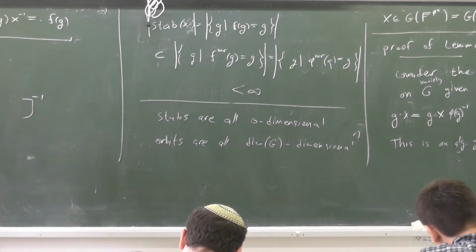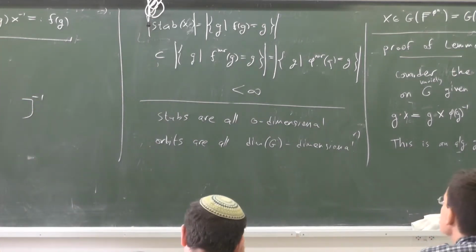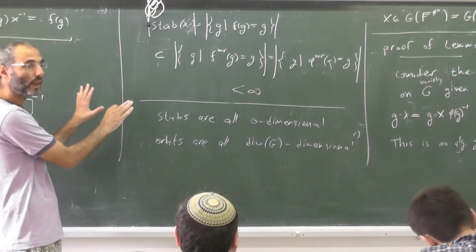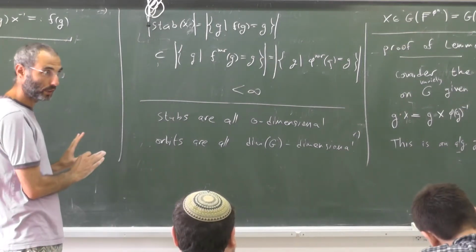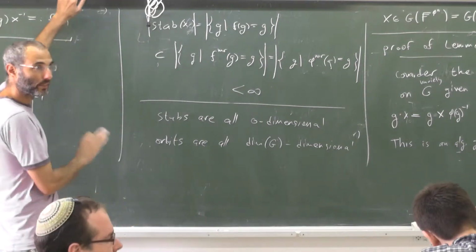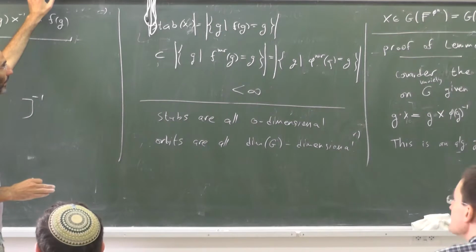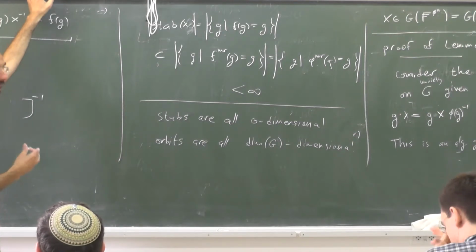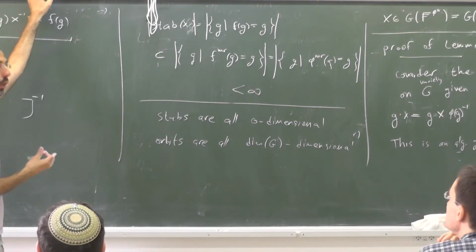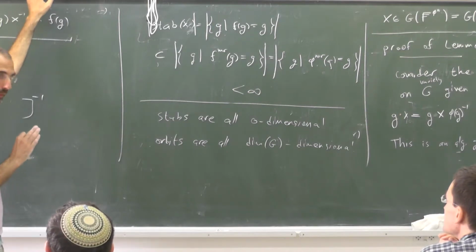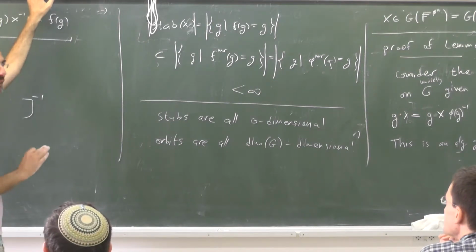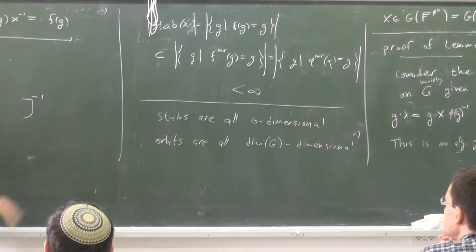Why is it zero dimensional? They are finite. I'm working now over the algebraically closed field, right? If a group over an algebraically closed field has finitely many points, then the group is actually finite.